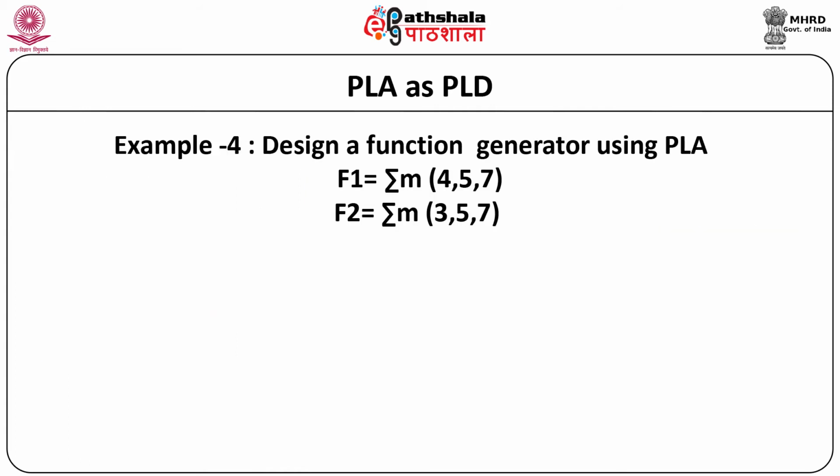Let us consider fourth example, design a function generator using PLA. The functions are f1 is equal to summation of min terms 4, 5, 7 and function f2 is equal to summation of min terms 3, 5, 7.